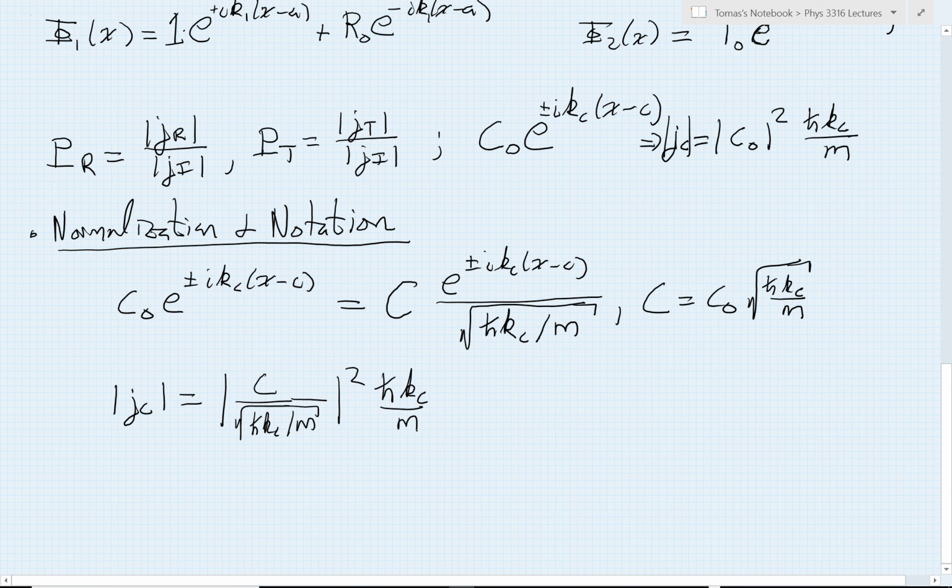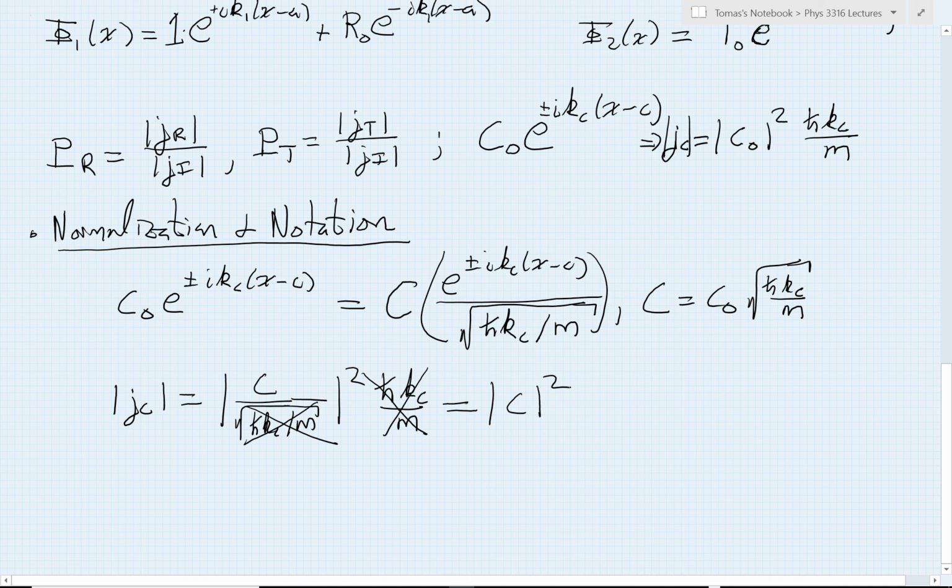So now I hope you can see the convenience involved in using this type of factor as my unit incoming wave, because notice when I calculate the probability currents, when I square this in the denominator, it will exactly cancel the numerator portion. So my current densities, if I always keep these appropriate normalization factors on my momentum states, become just the modulo squared of the corresponding amplitudes.